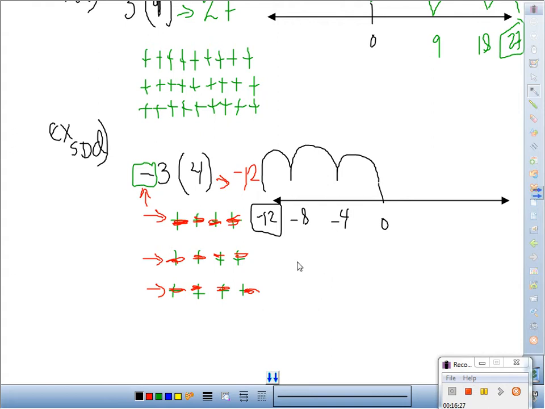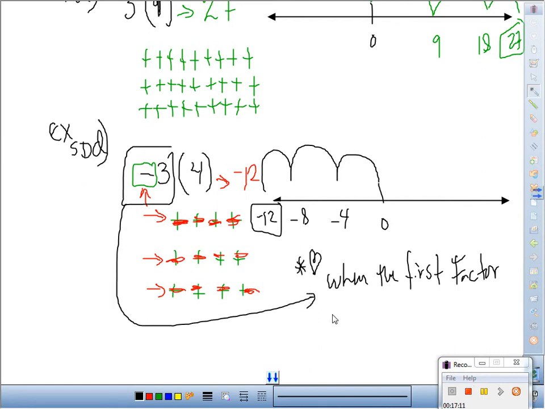So make a note for yourself right here. Asterisk, heart, aww. When the first factor, which is this one, this is the first factor.